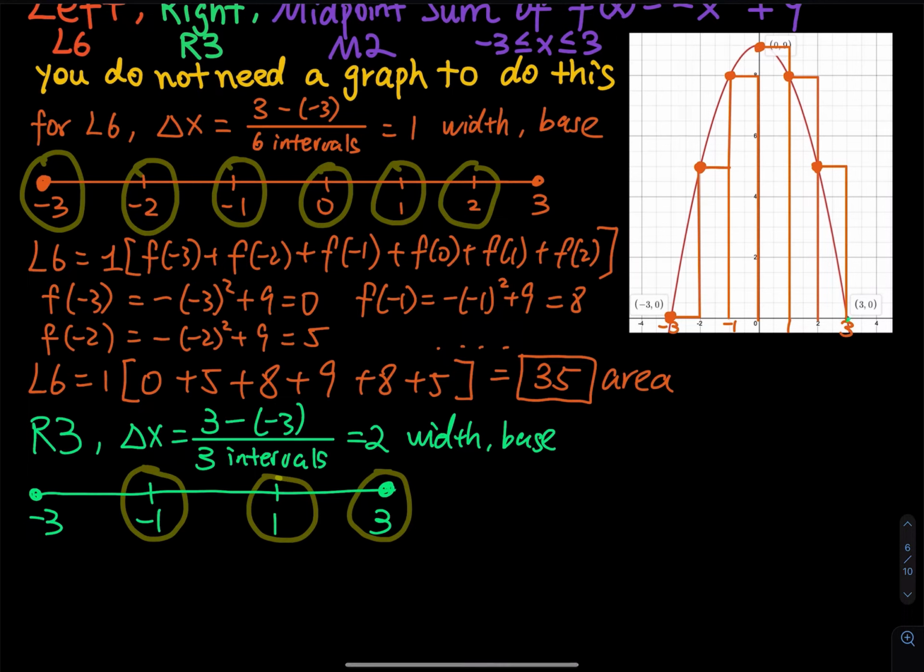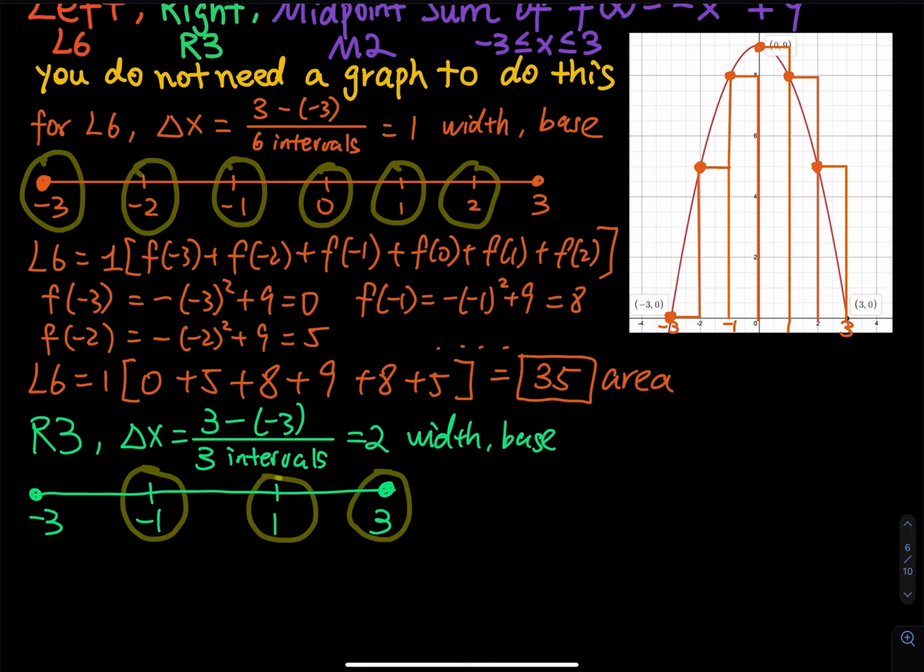Because if you take the 3 and then you go 2 units to the right, there is nothing, because we do not count x greater than 3. So that's why we do not take x equals 3 for the left sum. Same thing right here. For the right sum, if you take a 3 and then you go 3 units to the left, there is nothing. That is out of the domain already. So that's why we do not take the -3.